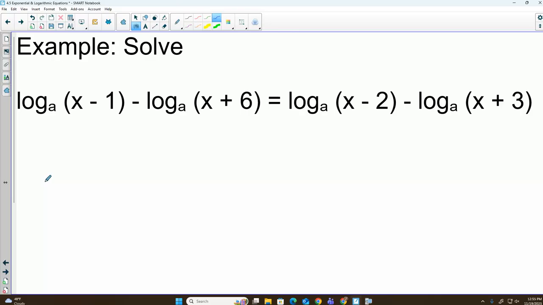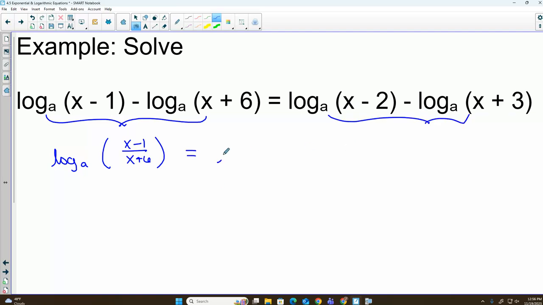This looks fairly ugly, but let's just take a second, deal with one side of the equation at a time. These logs are being subtracted. How can you combine them into one? Division. So this is log base A of x minus 1 over x plus 6. Over here, I have logs being subtracted.